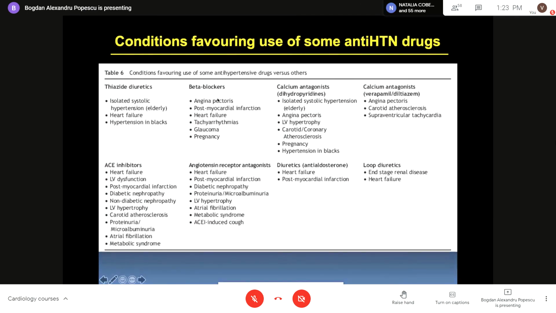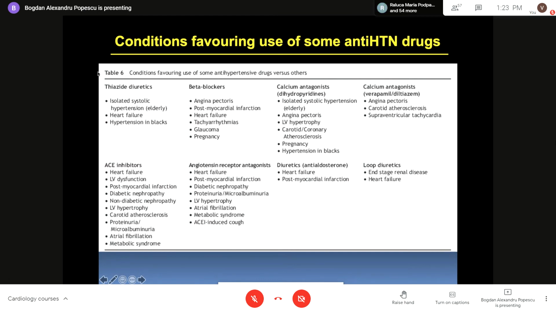Again, beta blockers, we use in patients who have heart failure, coronary disease, tachyarrhythmias. ACE inhibitors we use when it's heart failure, LV dysfunction, diabetic nephropathy, proteinuria, and so on and so forth. Diuretics we may use in heart failure or renal disease.